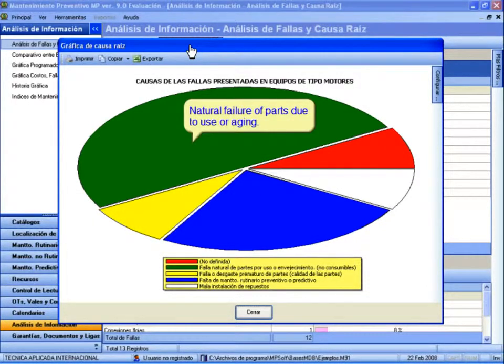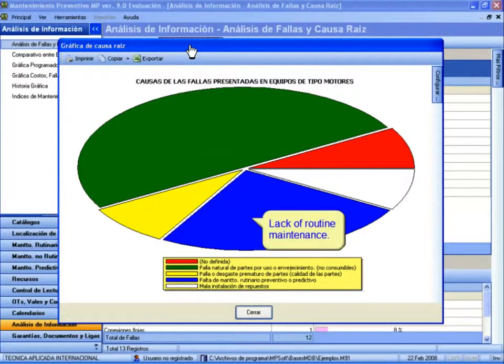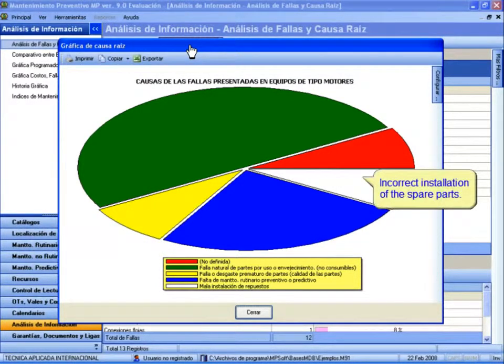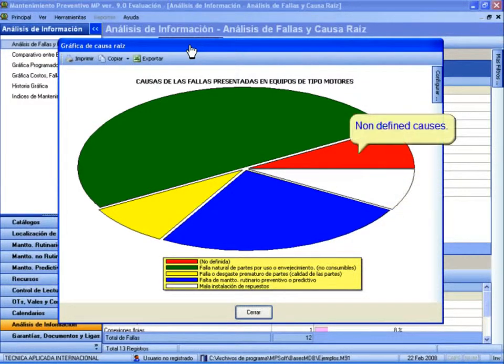Natural failure of parts due to use or aging. Lack of routine maintenance. Failure due to premature wear and tear of the parts. Incorrect installation of the spare parts. Non-defined causes.